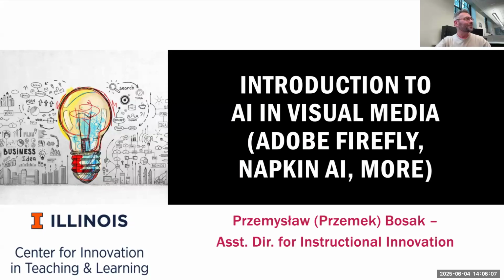Welcome to the second workshop on generative AI in this Summer of AI, a joint enterprise between the Center for Innovation in Teaching and Learning, the University Library, the NCSA, and Tech Services. On the last slide, I will post a link to the calendar of events. The Summer of AI is a sequence of workshops, panel discussions, guest lectures, individual consultations, anything generative AI related.